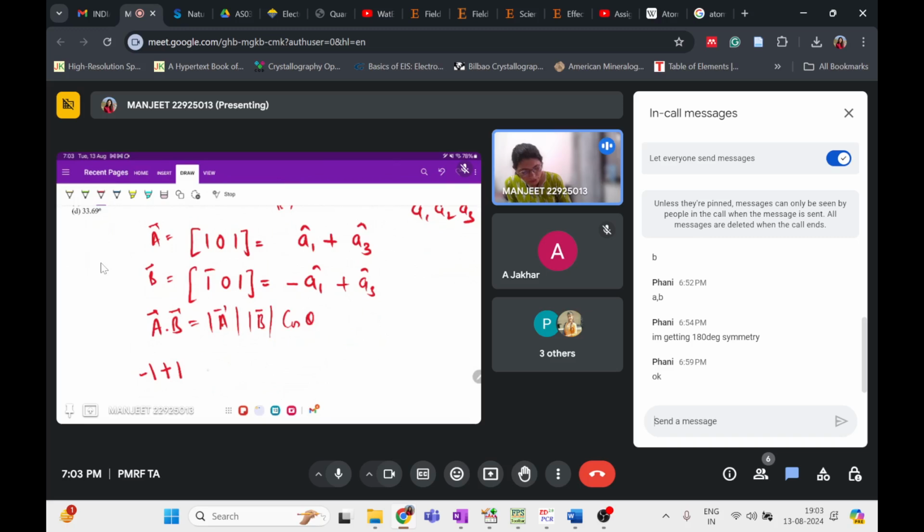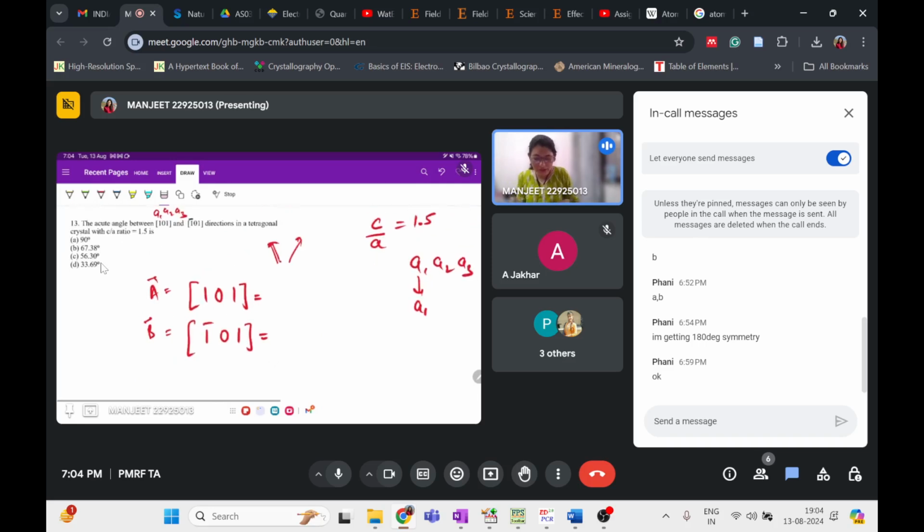or we can say this is a1, because here the direction is a1, I'm considering one unit. No, I haven't considered a as the unit, because here the c by a ratio is not 1, so they are having a units.